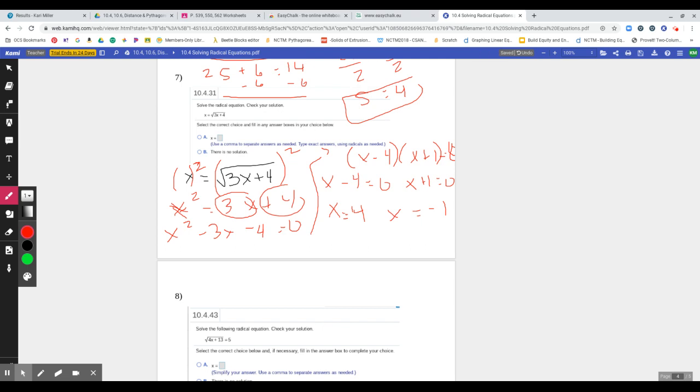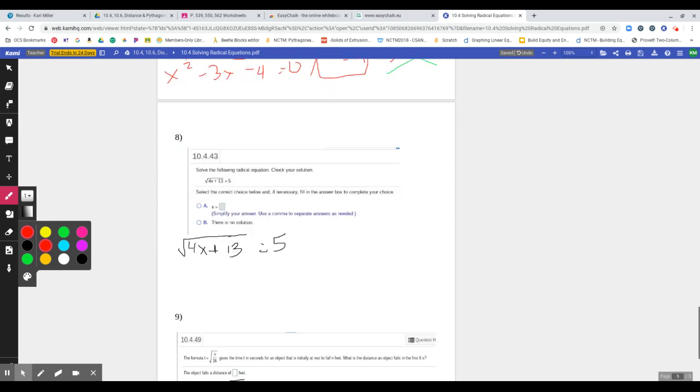But I want you to remember from the beginning, this x right here at the very beginning, it cannot be negative. So we're not going to use the x equals negative 1 for the answer. We're only going to use x equals 4 for the answer. So this answer is 4. Okay, because remember back at the beginning I said that a square root cannot equal a negative number. So that x on the outside of the radical cannot equal a negative number.